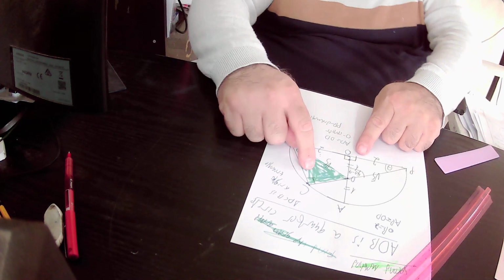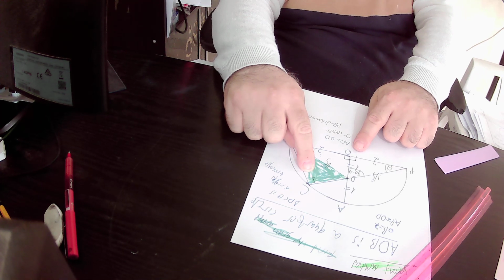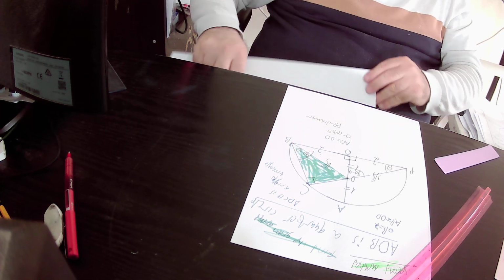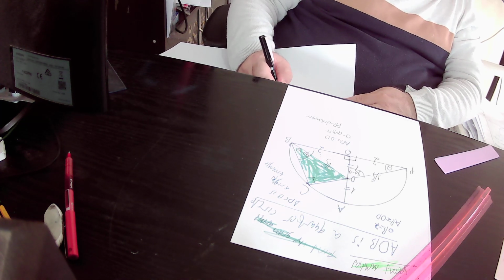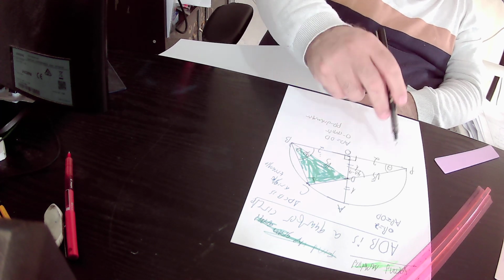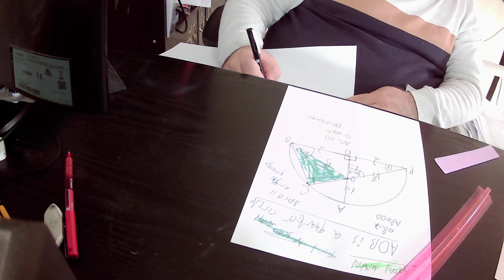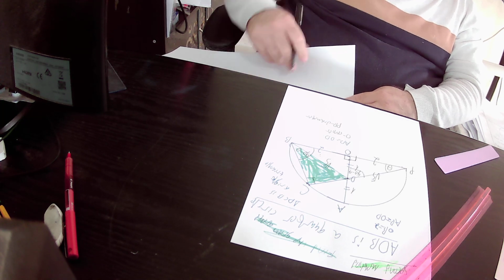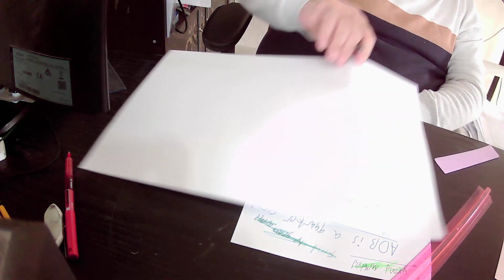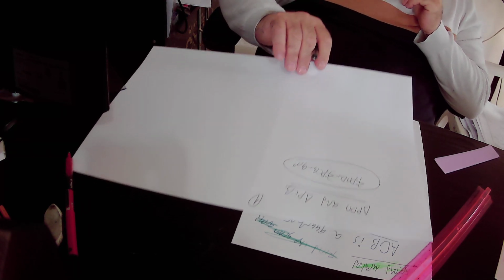First of all, those two angles are both equal to 90 degrees, therefore they are equal to each other. So angle POD equals angle PCB, and they are both equal to 90 degrees. I'll repeat again, angle POD equals angle PCB equals 90 degrees.